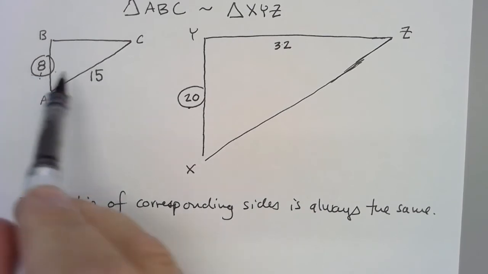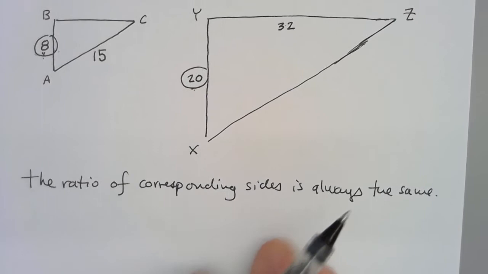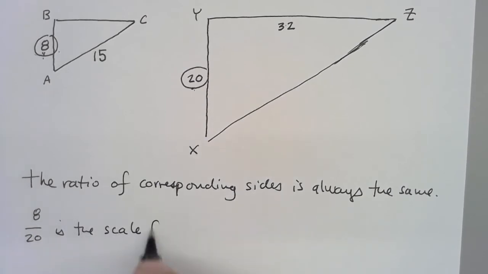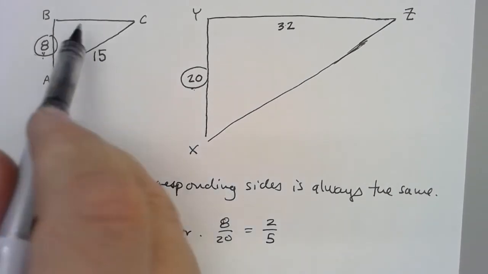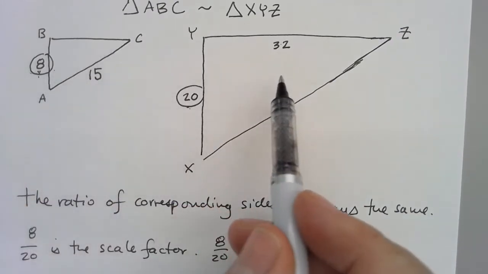The fact these correspond, and the fact that this is length 8 and this is length 20 tells me that the scale factor is 8 to 20. And we can reduce this to make our life easier. 8 over 20, if I divide the top and bottom by 4, is the same as 2 to 5. So that means there's a 2 to 5 scale factor between the smaller triangle and the larger triangle.